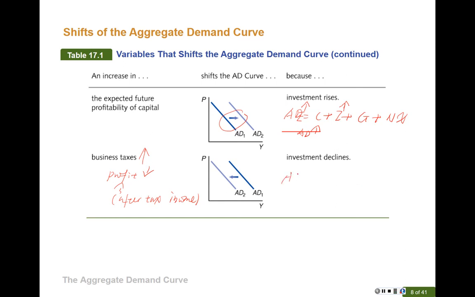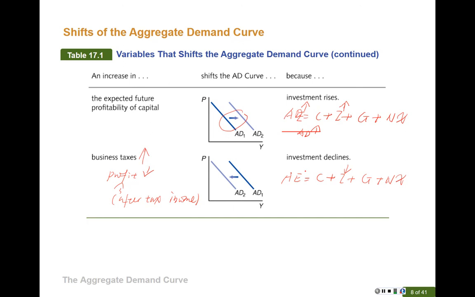And then rely on our equation here. If the business sees their profit go down, the business probably is going to make less investment. So the second component here, I, goes down.